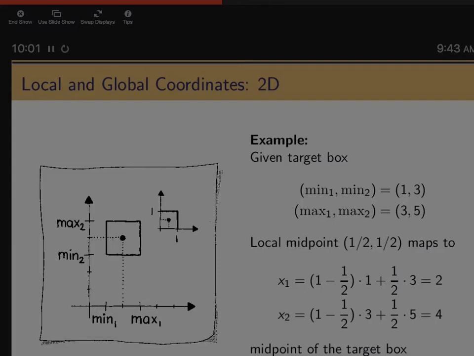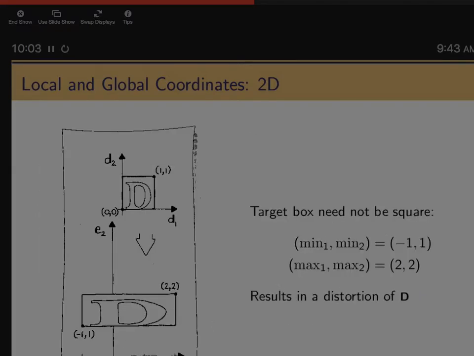That was really just a scaling of the box and a translation. The target box doesn't have to be square. In fact, it doesn't even have to be the same orientation. I can make the box have (-1, 1) and (2, 2) as its min and max, and that results in a distortion, a stretching. If I made max less than min, what would happen? If I made max (-1, 1) and min (2, 2), what would it look like?